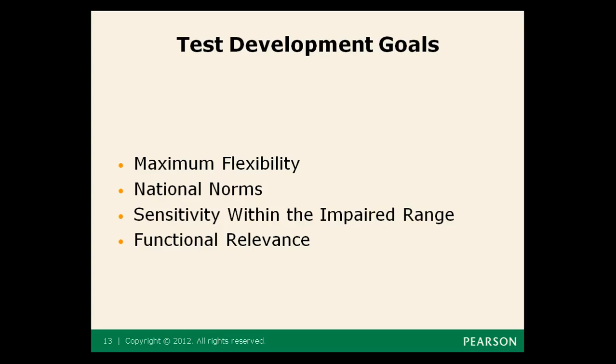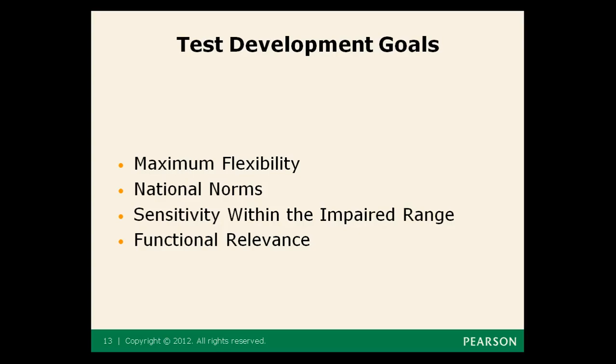And the second design feature is that the BMAT uses a standard score scale with a mean of 500 and a standard deviation of 20. That means we're able to use that standard score, and it's sensitive to ability differences and changes among very highly impaired individuals on all subtests for all age groups.